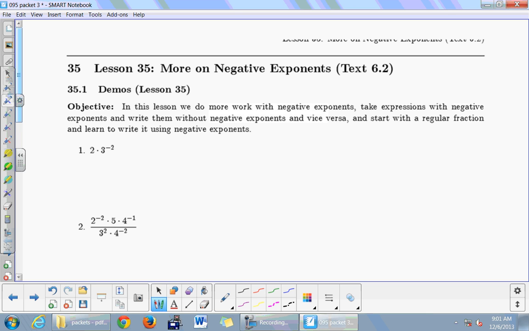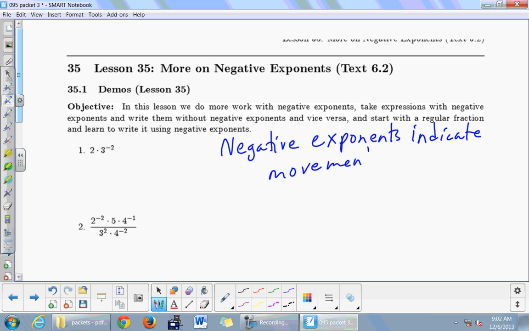So anytime we had negative exponents, we needed to move the thing. Negative exponents indicate movement. Most important thing for today. If you see a negative exponent, in order to make it positive, you're just going to move the whole thing.